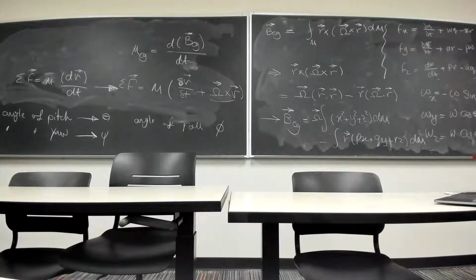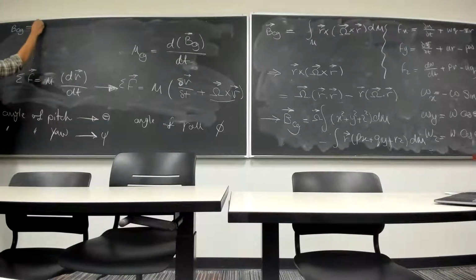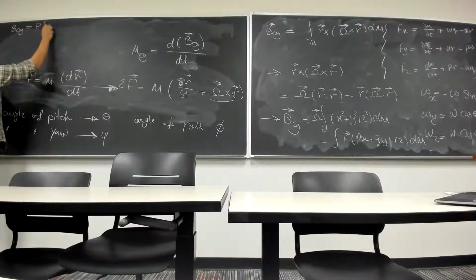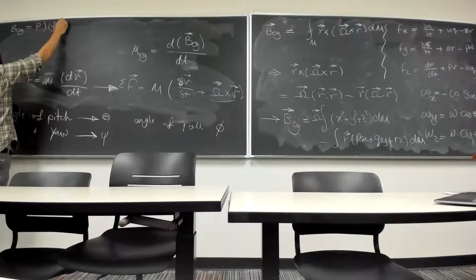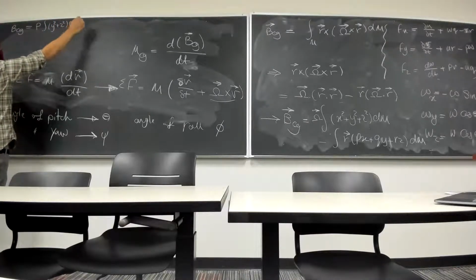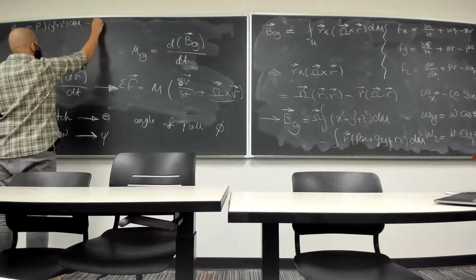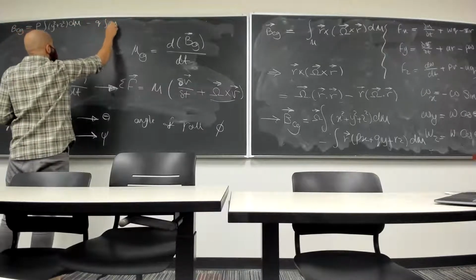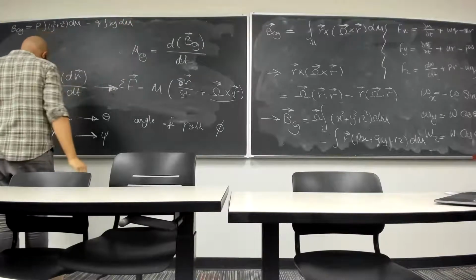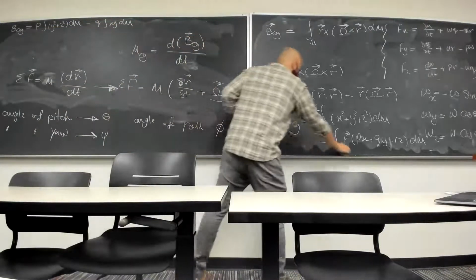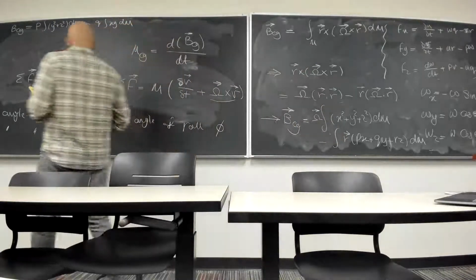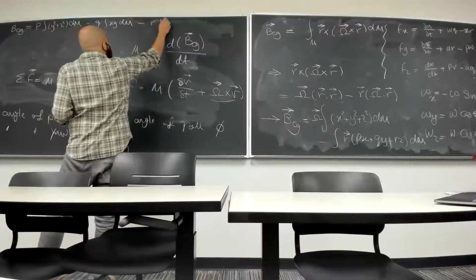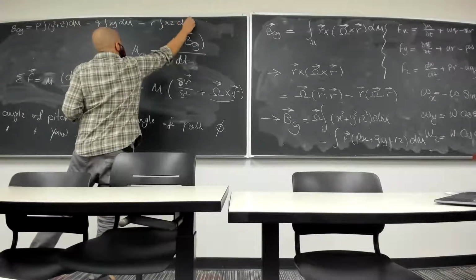This also means that we can actually find the components of your angular momentum in each direction. I'm just going to write them down. In the x direction, it's going to be p integral of (y squared plus z squared) dm, minus q integral of xy dm, minus r integral of xz dm.